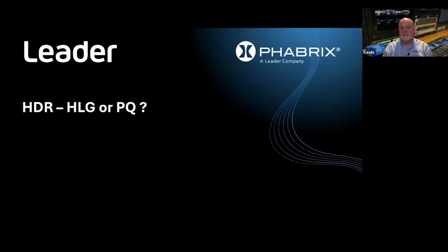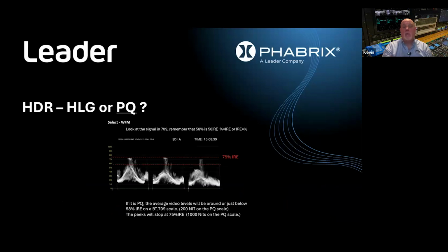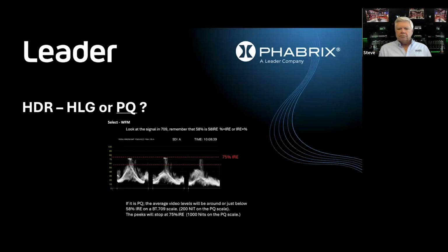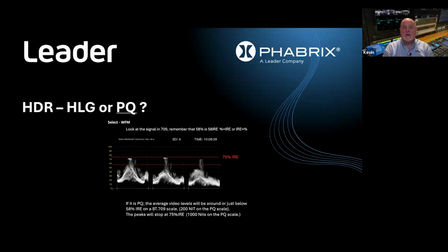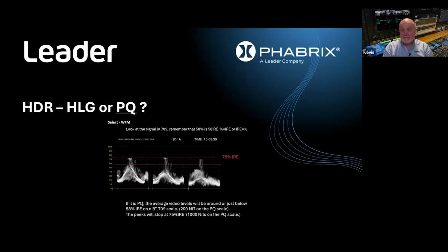As we've discussed, the waveform monitor can be your best friend when it comes to identifying, if you don't have that payload information, you can look at the waveform trace and see where the signals sit, and it's going to give you a pretty good clue as to whether it's HLG or PQ. Yes. You still need somebody who knows what they're looking at.